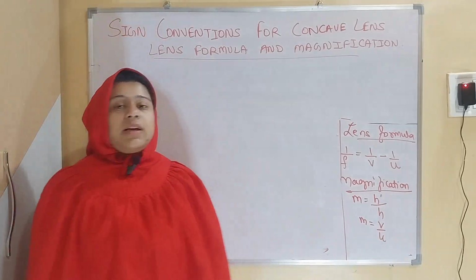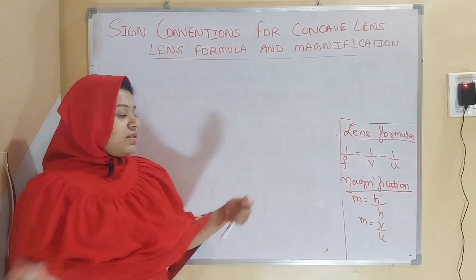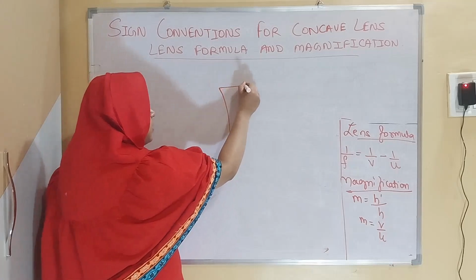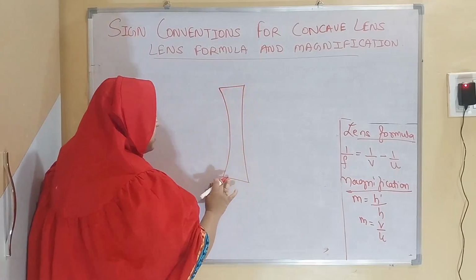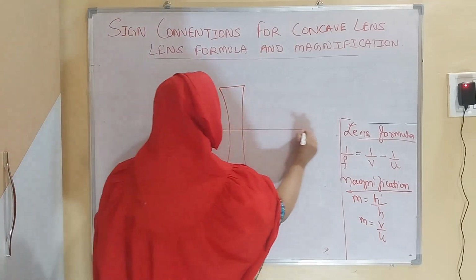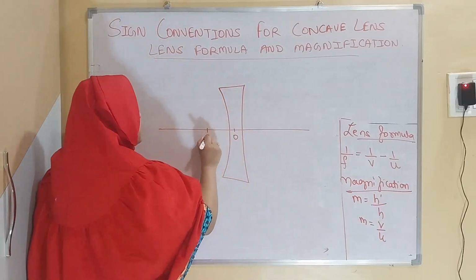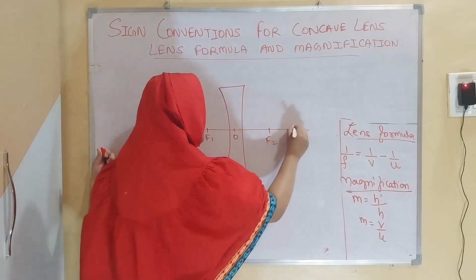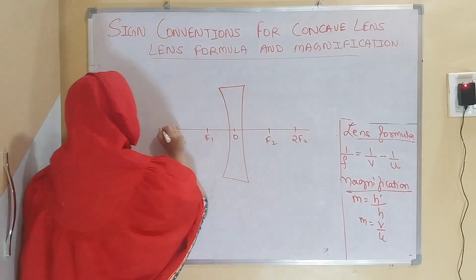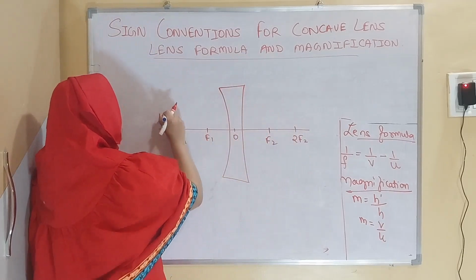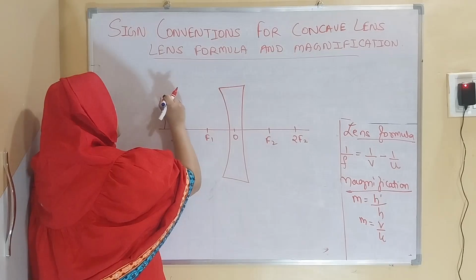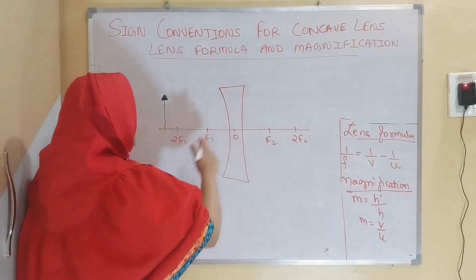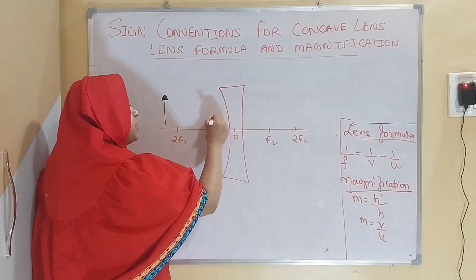Now moving on to the sign conventions for concave lens. So this is a concave lens. In case of a concave lens, if we place an object here anywhere between infinity and optical center, we get an image over here.